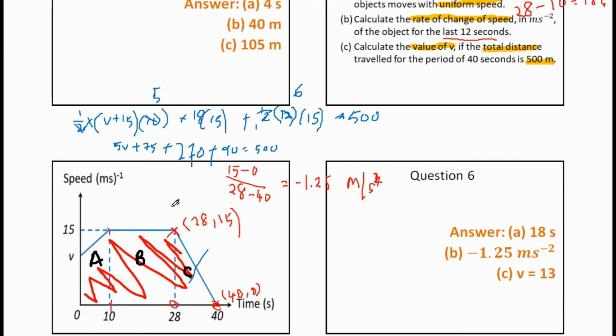You rearrange the whole equation. So 5v equals 500 minus 75 minus 270 minus 90. 65. So v equals 65 divided by 5. You will have the answer.